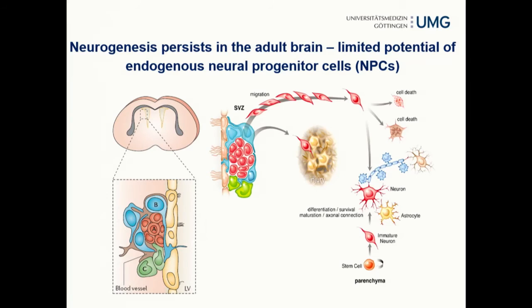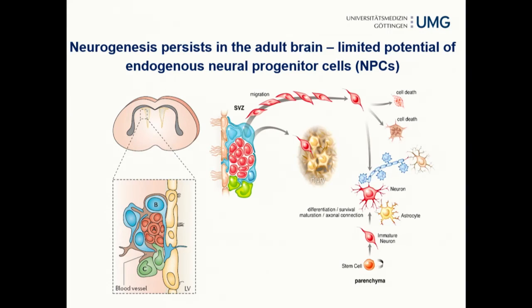So the focus has now switched towards studying neurogenesis, and the basis of this is the fact that endogenous neurogenesis persists in the adult brain as well. As you can see here, there are quite a few stem cell niches, and one of them is the so-called subventricular zone in which the neuroprogenitor cells reside.